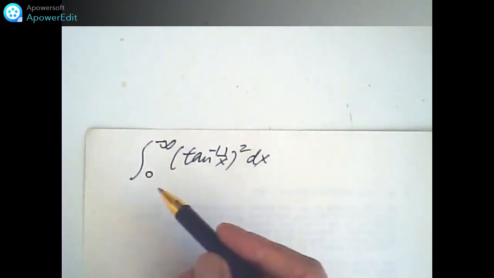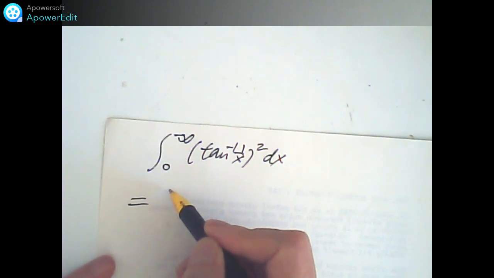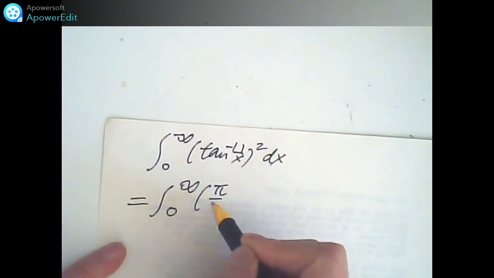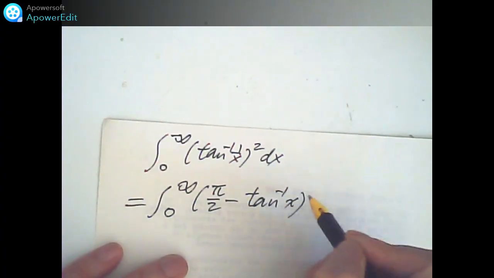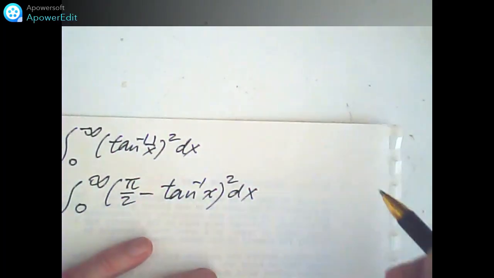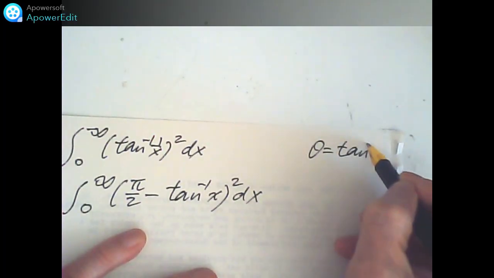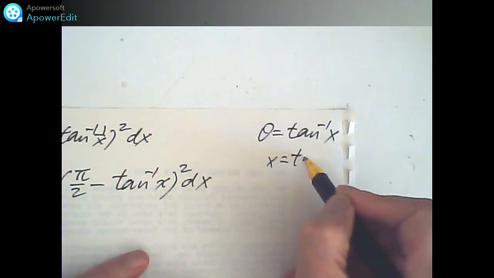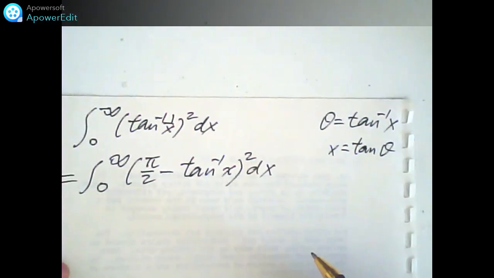First, as in my second method, this one is equal to the integral from 0 to infinity of half pi minus arctangent x, squared, dx. Okay, so I can start with the assumption, let theta be arctangent x, and x is equal to tangent theta, isn't it? Yeah.